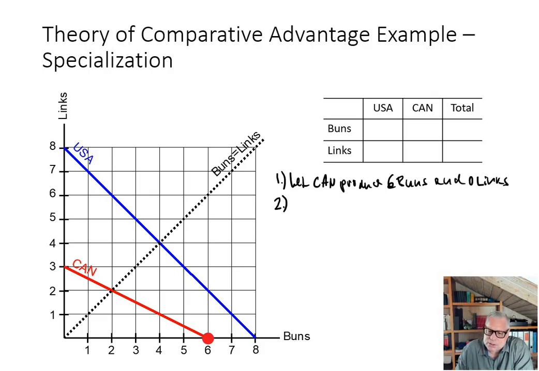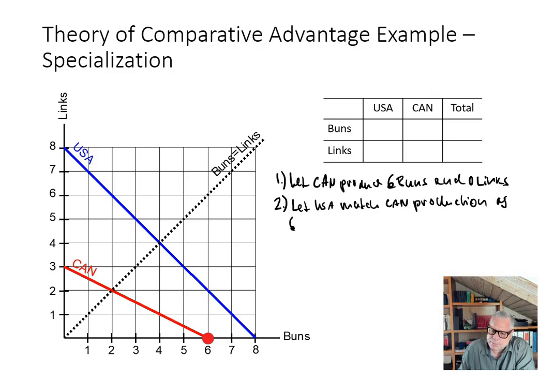So then step 2 is let the USA match Canada's production of 6 buns with 6 links. Okay, so now they specialize, and so now let's say we are here. Let's make that maybe in the blue color.